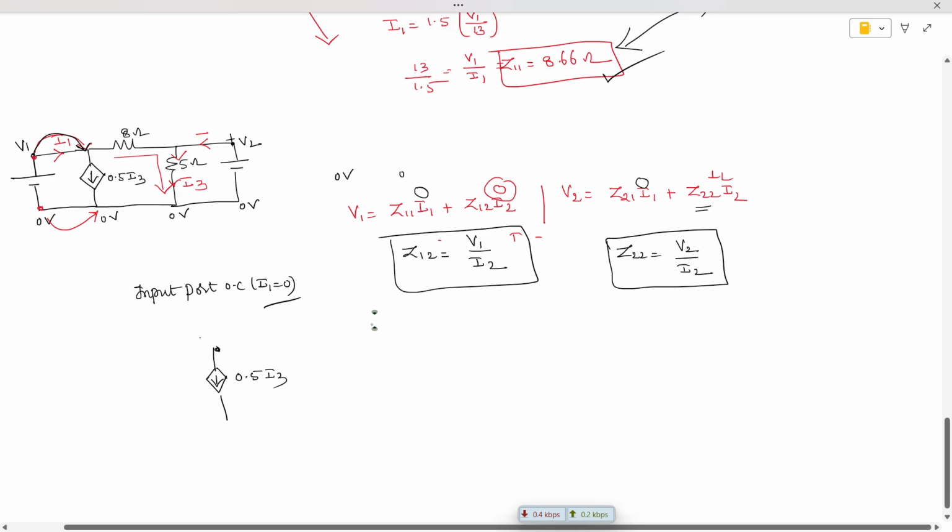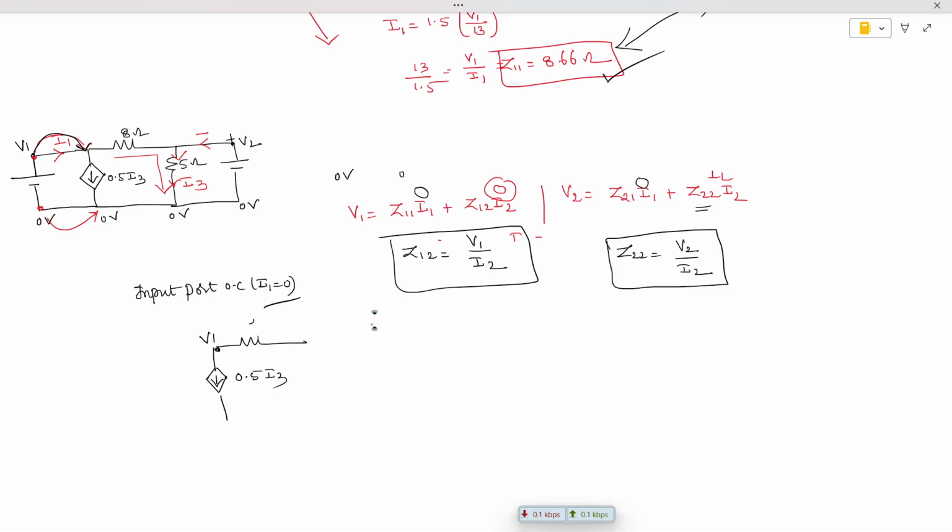The voltage at this point is V1, and it has 8 ohms, and the current in this branch is I3 through the 5 ohm, and here we are going to have V2, this is plus V2, and this is current I2.